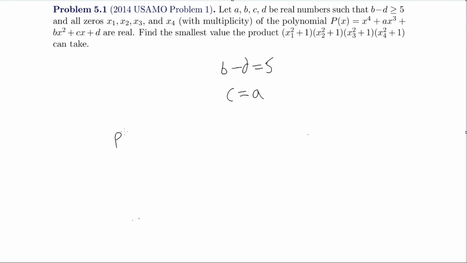So that means that p of x is equal to x to the 4th plus a x cubed plus, then this should be d plus 5 x squared plus a x plus d. And this has all real roots. Now, it would be really helpful if all the roots are the same.